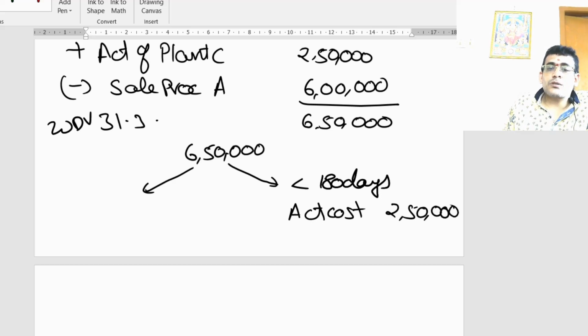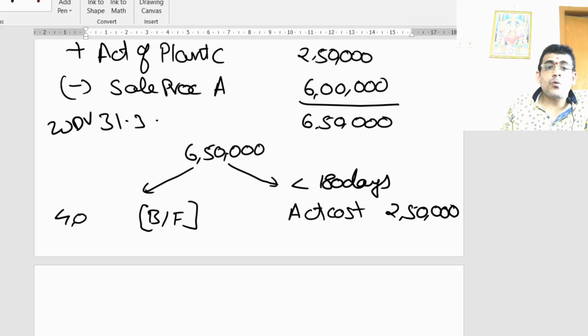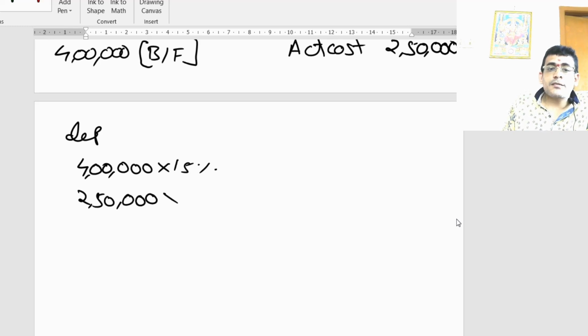Now, the other is your balancing figure, 6,50,000 minus 2,50,000, which is 4 lakhs. What is your depreciation there? 4 lakhs, as it is used for a period of more than 180 days, into 15%. 2,50,000, being used for a period of less than 180 days, I have to consider at 7.5%.